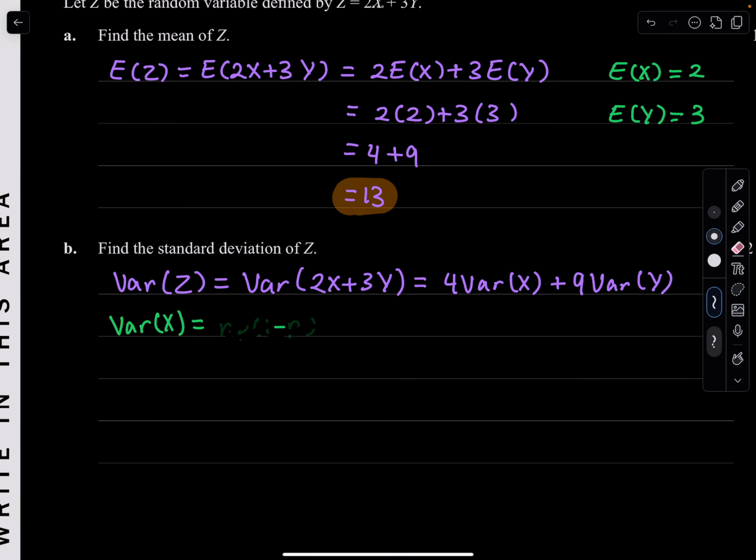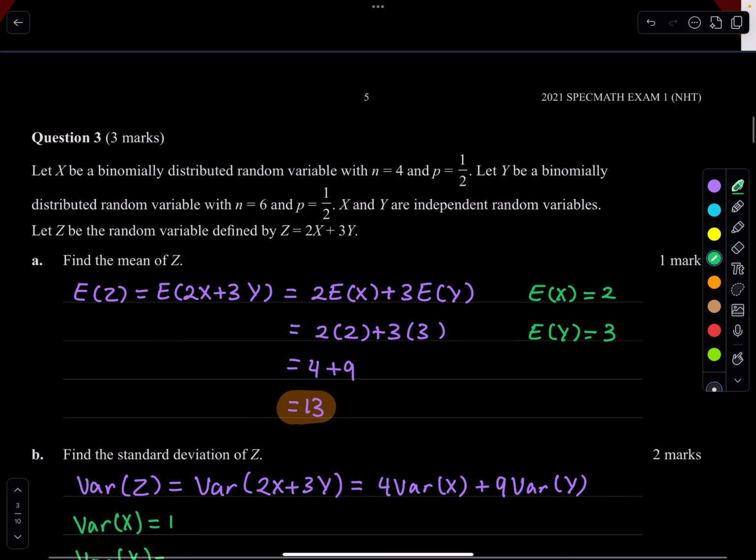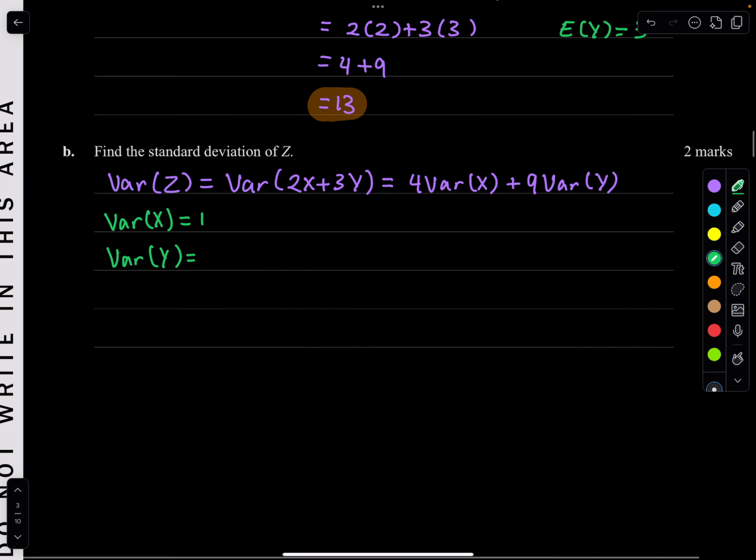So that's 1 for this one. For var of Y, same thing: n times p, which is 6 times a half, which is 3, and then 1 minus your p-value, which is a half. So it'll be 3 on 2. Done.